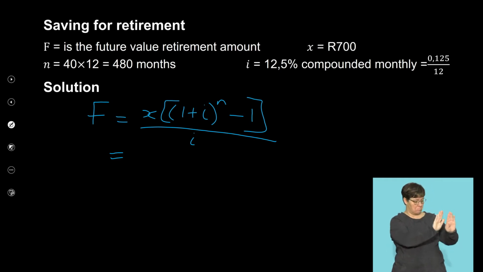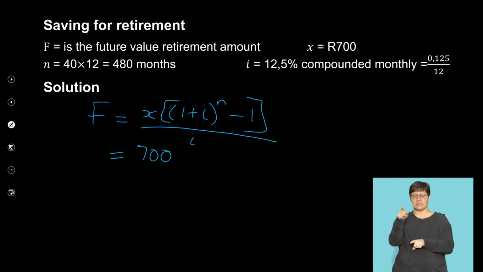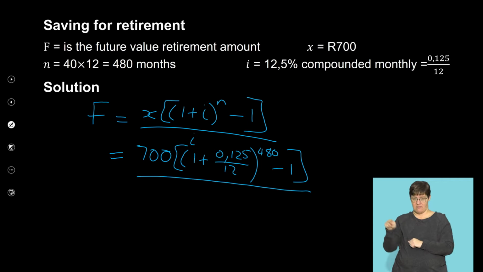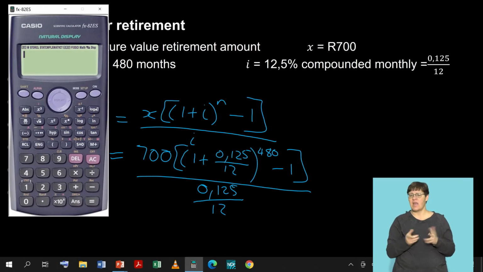My X, we know, is the 700 rands, into 1 plus 0.125 divided by 12, to the exponent of 480, and then minus 1, and that's a constant, divided by 0.125 over 12.